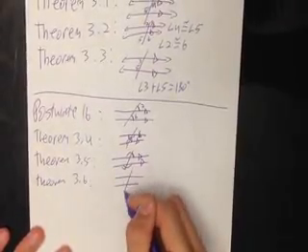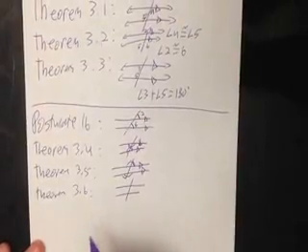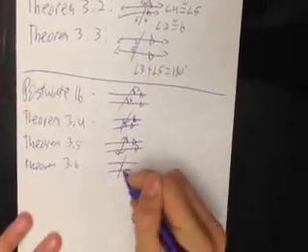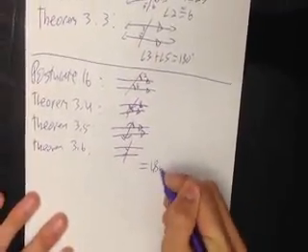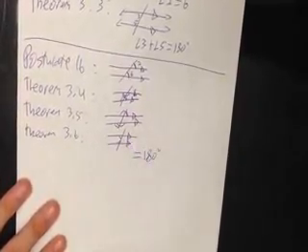This is theorem 3.6, the consecutive interior angles converse. If these two angles add up to 180 degrees, then these two lines are parallel. Remember that the converse of a true statement is not necessarily true. But each converse of a theorem here can be proved.